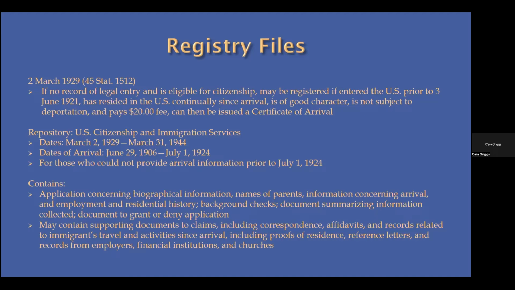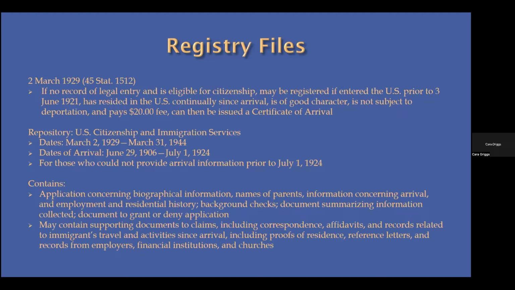Supplemental materials may include records from employers and houses of worship, affidavits and reference letters, financial records, and background checks. These records are available from the United States Citizenship and Immigration Services, so you will need to contact them directly and have them locate the records for you.